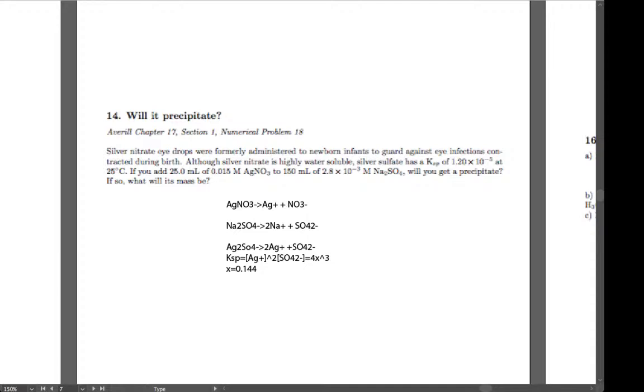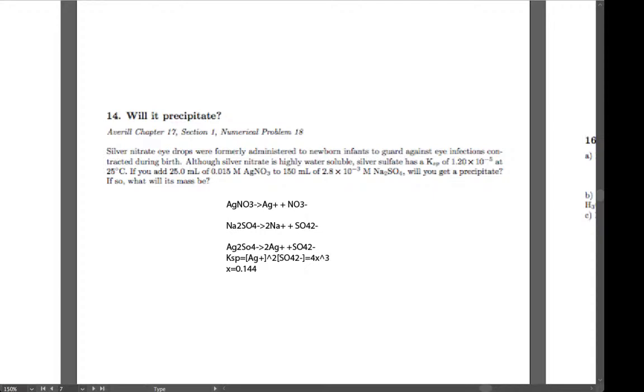If you add 25 milliliters of 0.015... So basically, for silver nitrate, we can just ignore that.